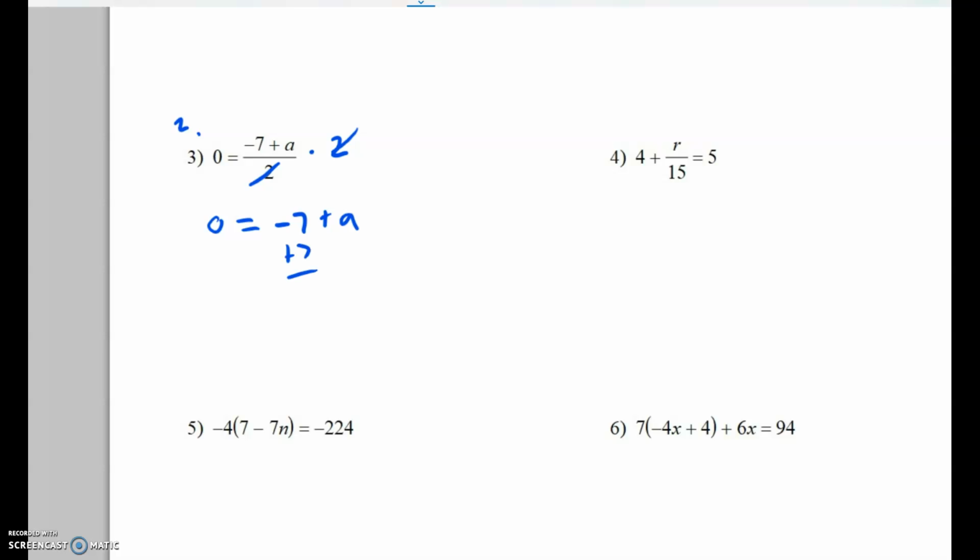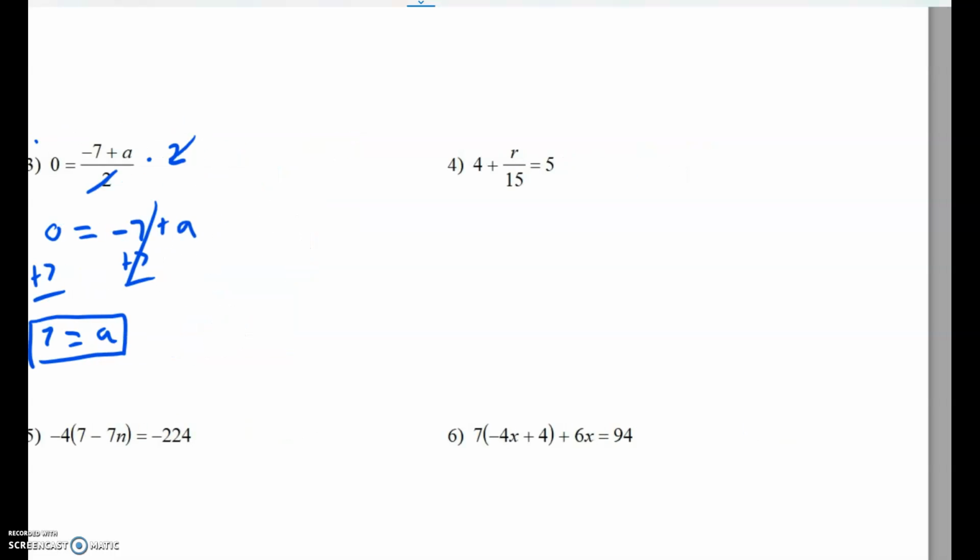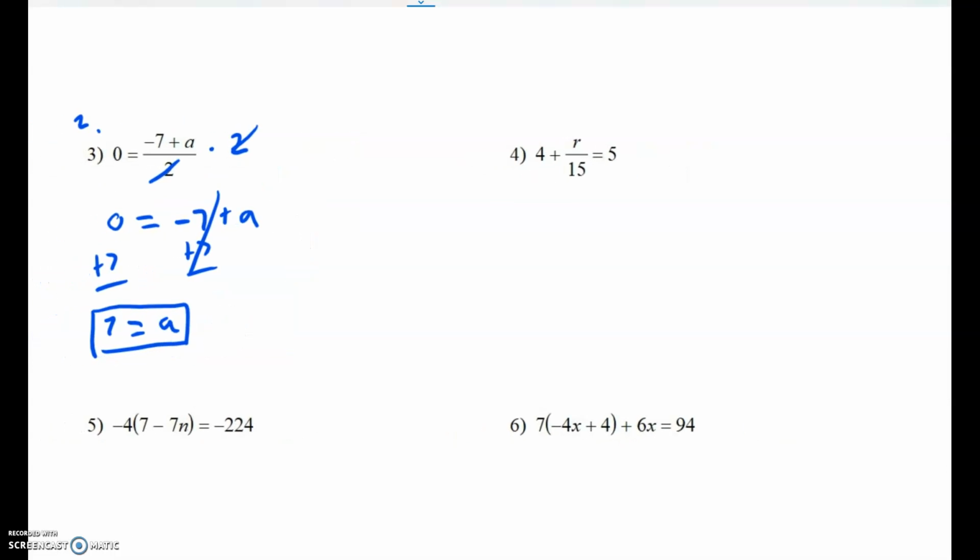Add 7 to both sides. 0 plus 7 is 7. a is equal to 7. Two steps to finish that one. Let's go ahead and try number 4. You can pause the video, give it a shot, and then resume when you're ready to see the answer.